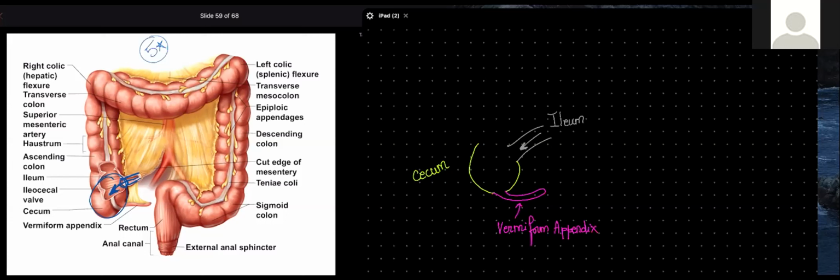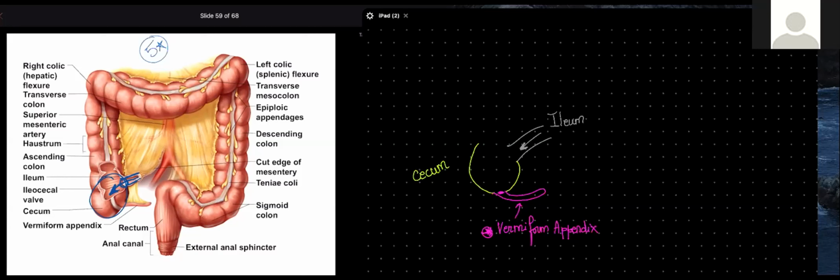The vermiform appendix doesn't play a major role in either digestion or defecation. Some studies do suggest that it's important to re-establish the normal bacterial flora in case of a prolonged intake of antibiotics. In your large intestine, you have normal bacteria living inside.